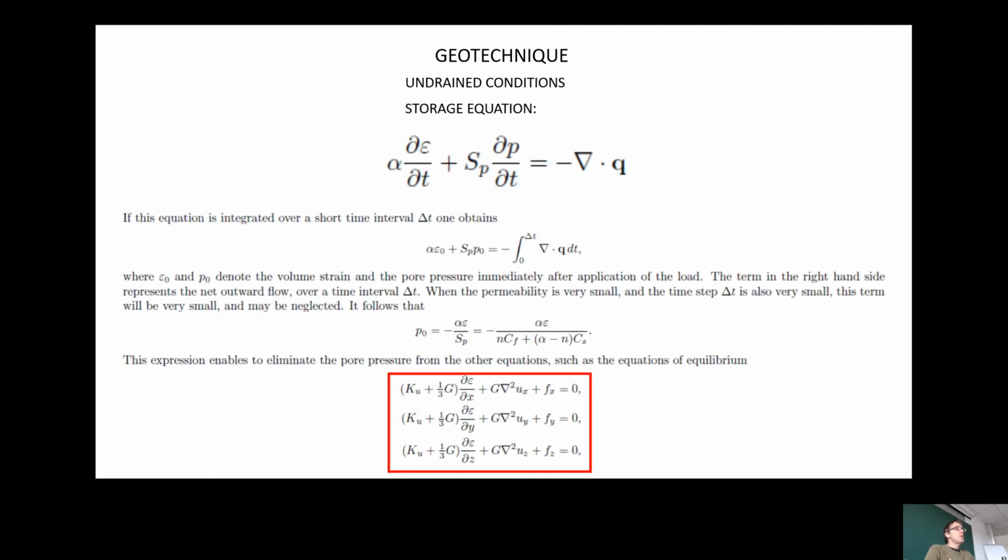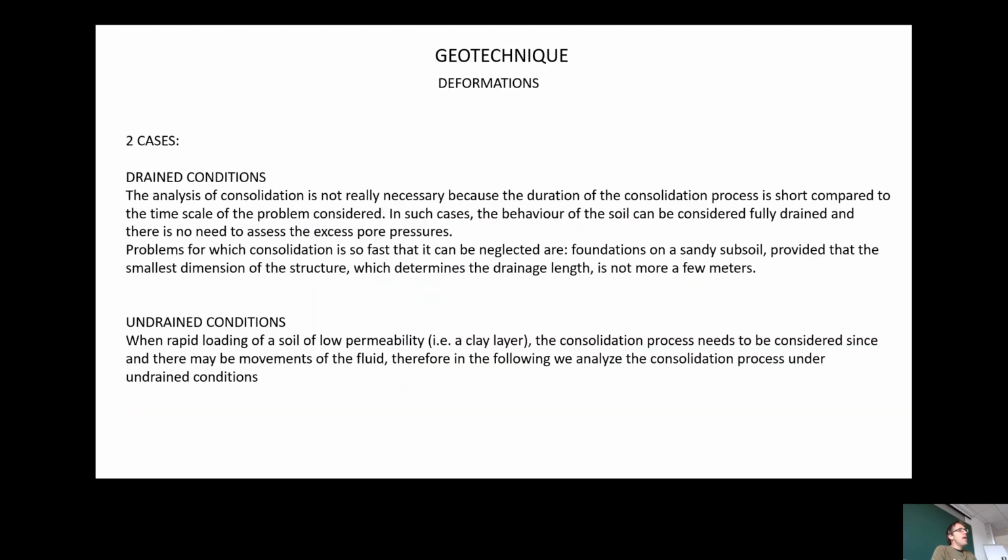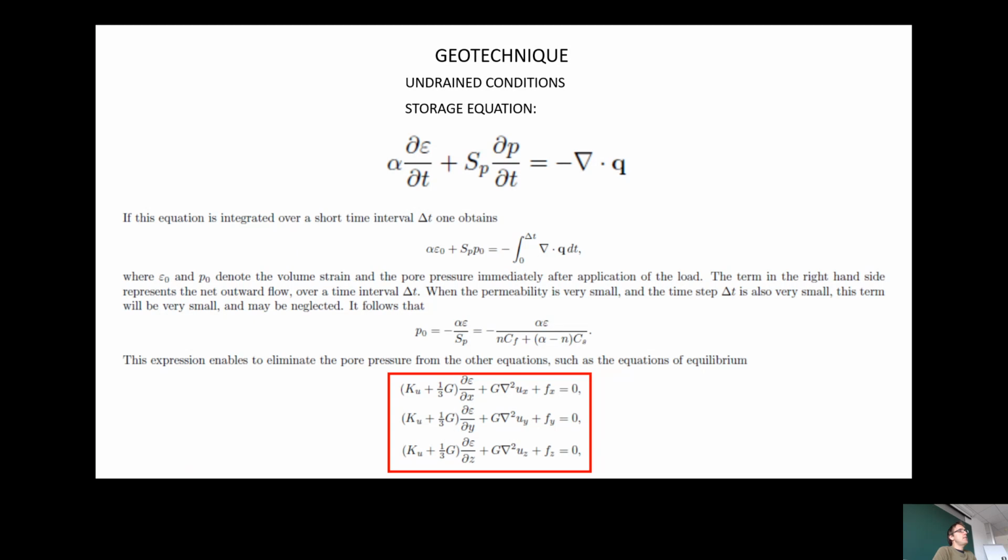So again, the storage equation is the one that we already know, that is this one. And let's consider what happens if we consider a small amount of time. If the time is very small, the first 2 parts are the volume strain and the pore pressure immediately after the application of the load.